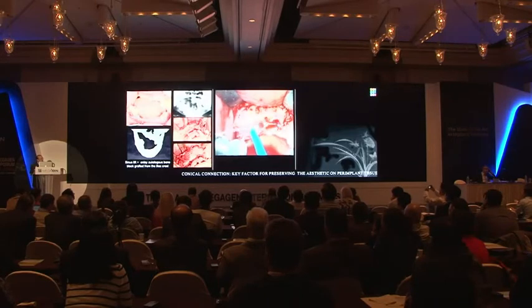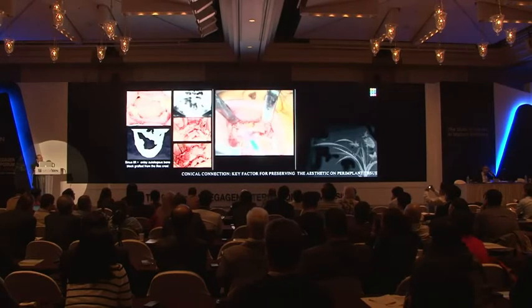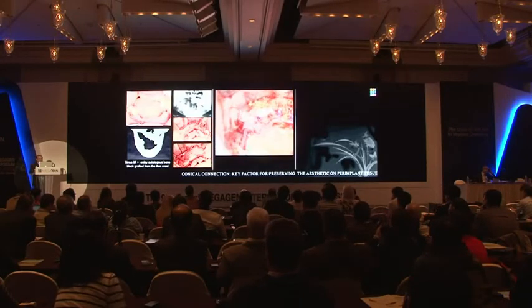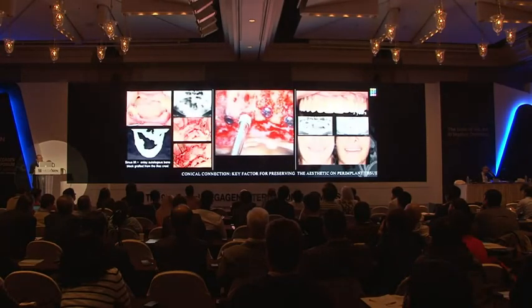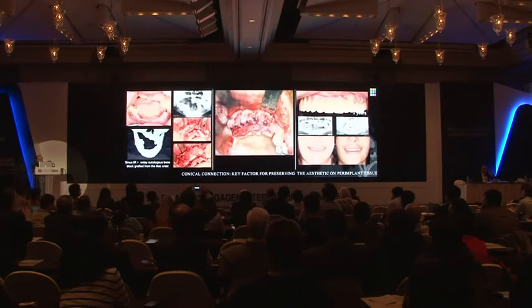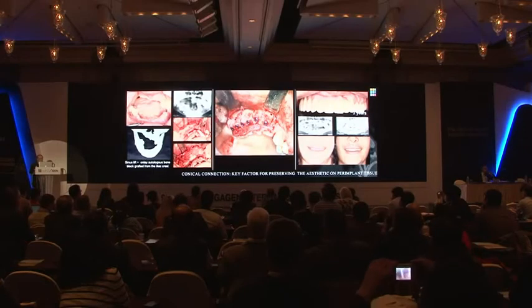And this is the second stage after 3 months. We can observe the volumetric augmentation of the ridge that allows us to place 6 implants supporting an orthopedic prosthesis that restores the smile in this young lady.